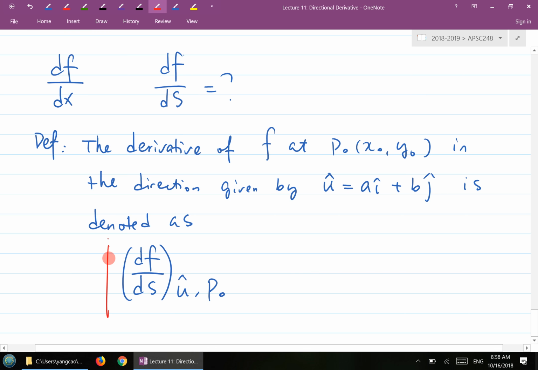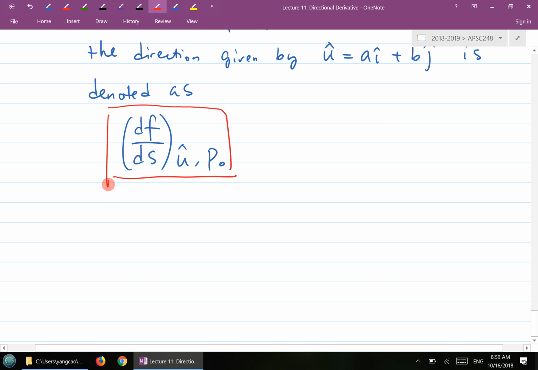So this is what we see a little more here in terms of the notation. All good? So what's the rate of change of the function f when you're moving in the positive displacement given by the u hat direction at a certain point p naught?